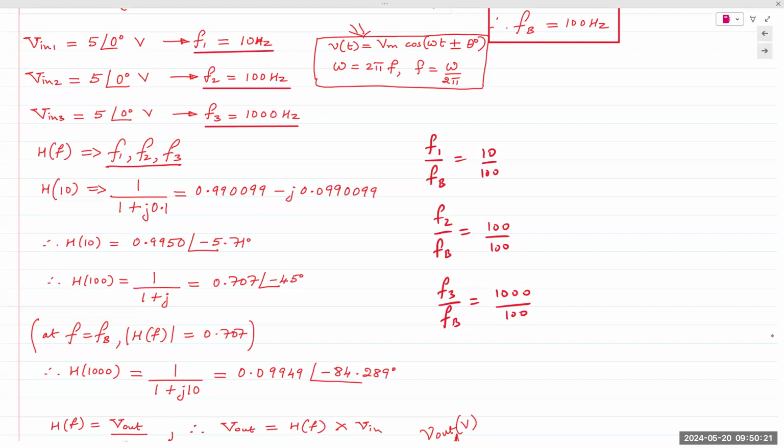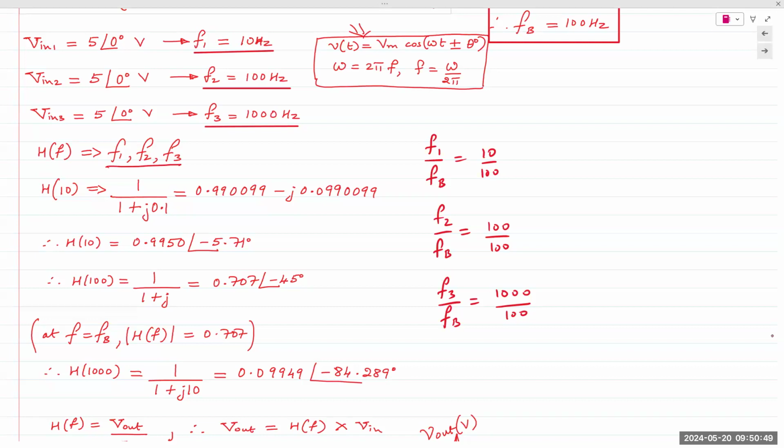Have you all tried to solve these equations on your own calculators? Have you obtained the same values? Anyone? So for H of 10, meaning at frequency F1, you get 1 over 1 plus j0.1. You can directly program this equation into your calculators, and you should be able to obtain the values shown on the board.